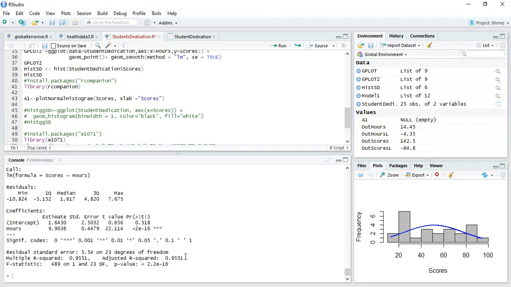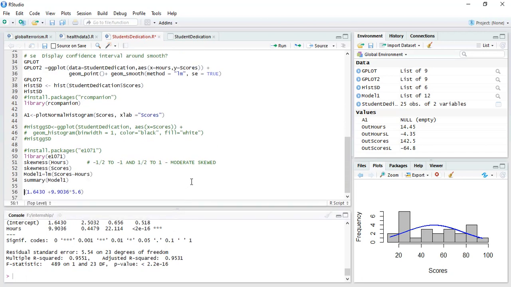What multiple R squared and adjusted R squared are, we will go into in a second, different class. But for the time being, just remember that since this value is very high and they both are very close, it's a good linear model we have got. So fantastic. If somebody has studied for 5.6 hours, how much score will he get?